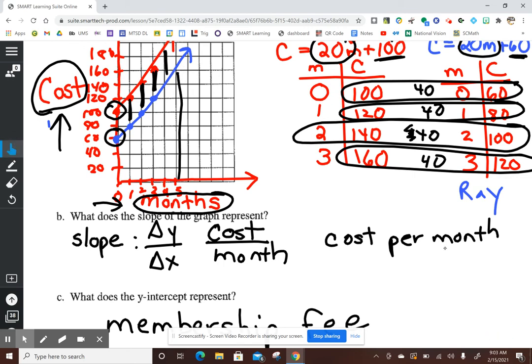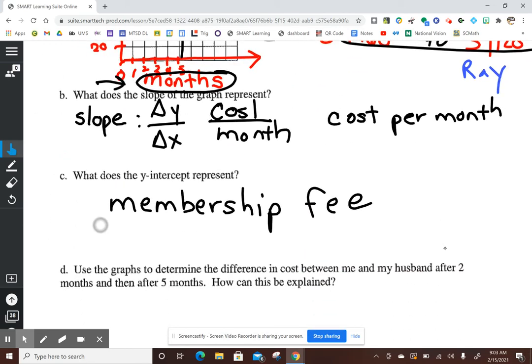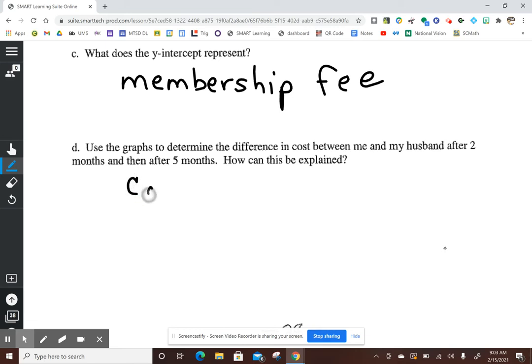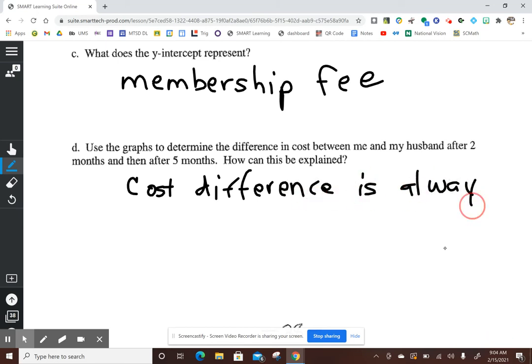So why does the cost differential stay the same? We will say cost difference is always 40. And why?